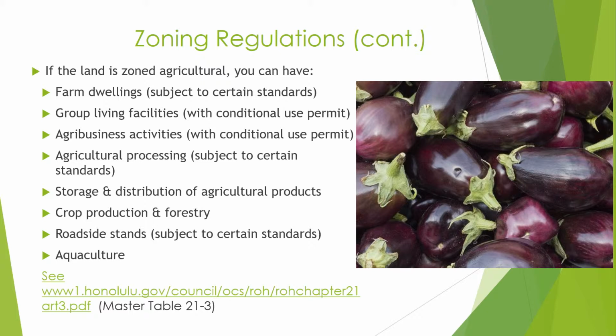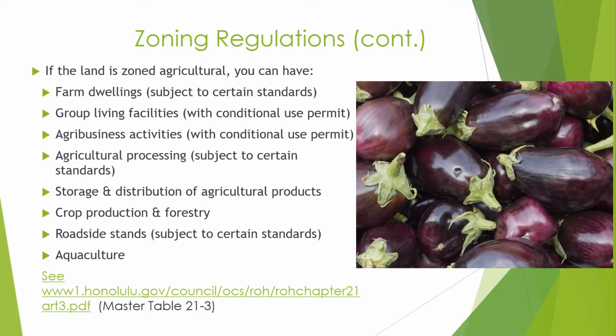Agribusiness activities, right? So you're still limited on the type of agriculture you're allowed to do, and then also if you're going to be trying to sell from the property, there's a whole other set of regulations and limitations that may apply.